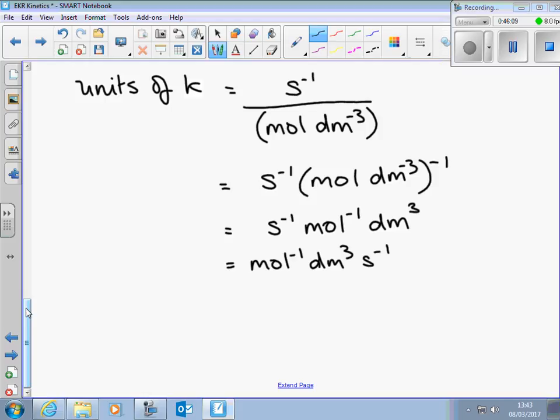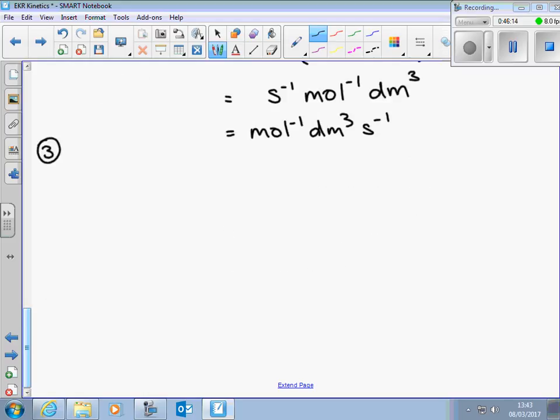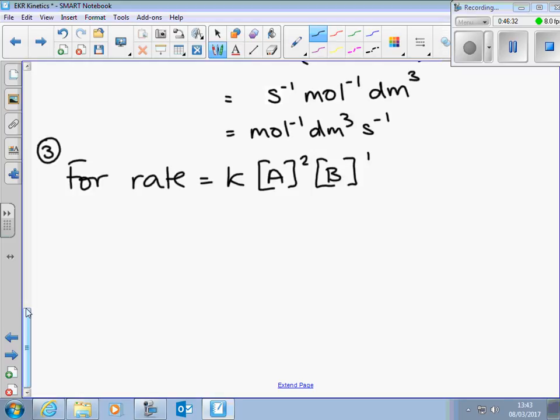Right, let's try another one. So this is number 3. And needless to say, this one is getting a little more complex. For rate equals k, A to the power 2 and B to the 1, so the units are, well, it's seconds to the minus 1 on the top.